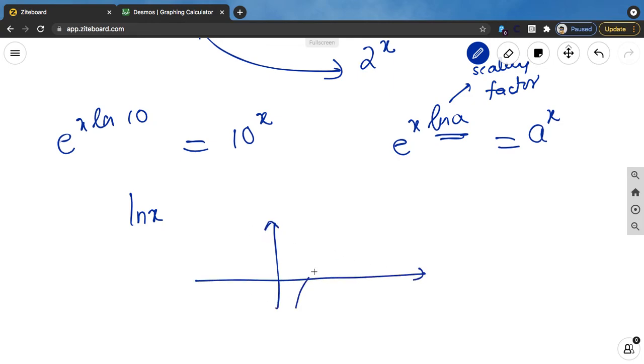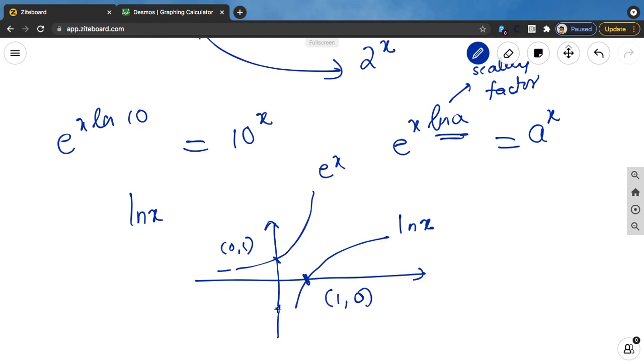Ln x is the inverse of e raised to x. So if e raised to x has a y-intercept of (0, 1), ln x has an x-intercept of (1, 0). E raised to x has a horizontal asymptote of y equals 0, the x-axis. Ln x has a vertical asymptote of x equal to 0.